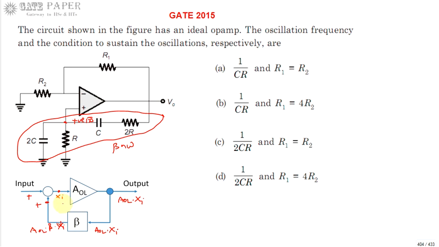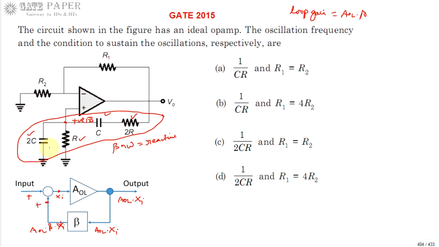So Xi is the input signal, and whenever it passes through this loop, the total gain it has got is AOL into beta. This AOL into beta is called the loop gain. Since the beta network is reactive in nature, meaning along with resistances it has capacitances, it has frequency-sensitive elements.